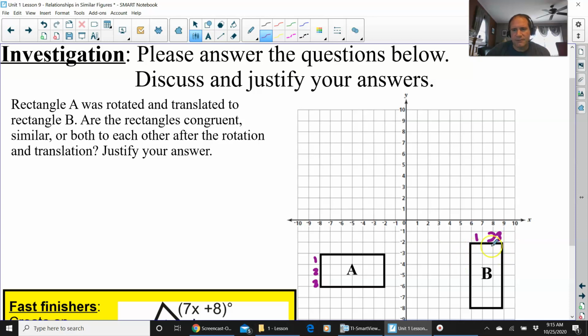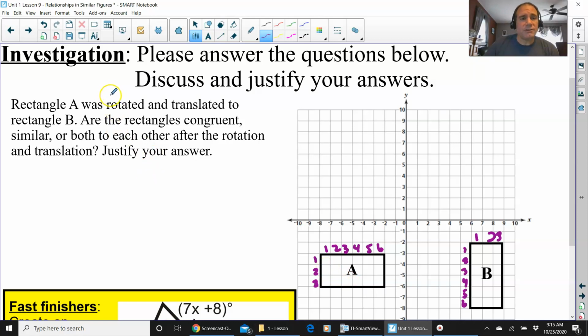It's supposed to be 3 wide. And then let's see, 1, 2, 3, 4, 5, 6, corresponding side, whatever side, doesn't matter. 1, 2, 3, 4, 5, 6. So they are the same figure. Did not change in shape or size. Did not change after rotation and translation.